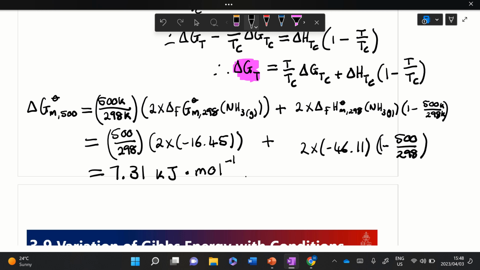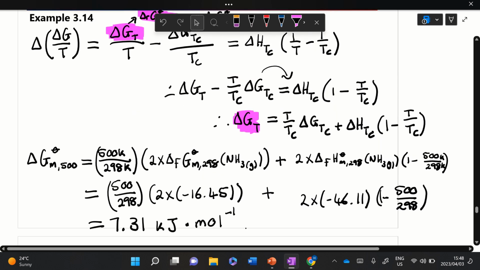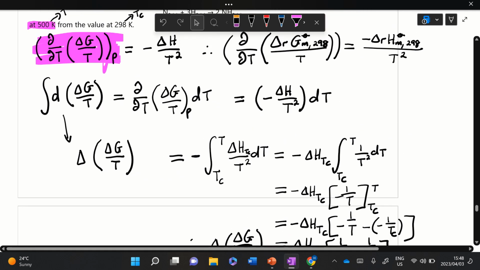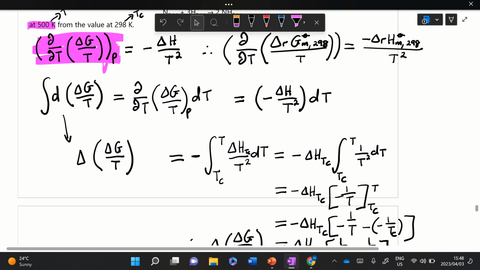I think the end was quite easy. I think the most difficult part is essentially just this first part, trying to develop a way of calculating the change.